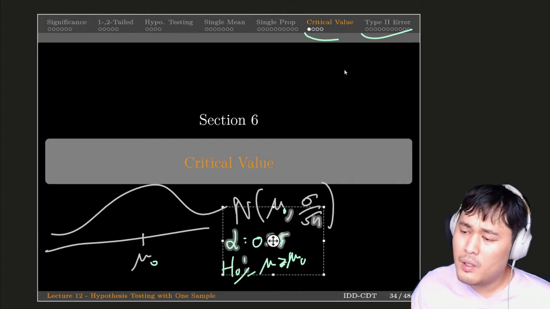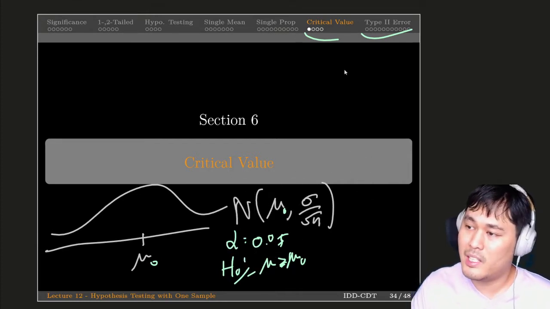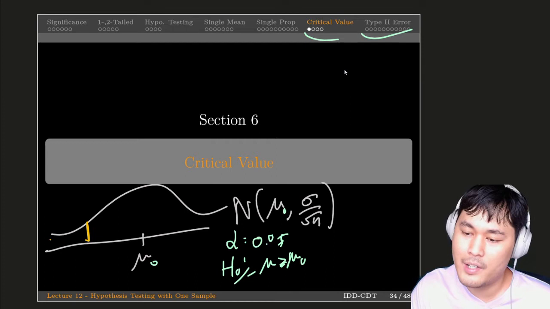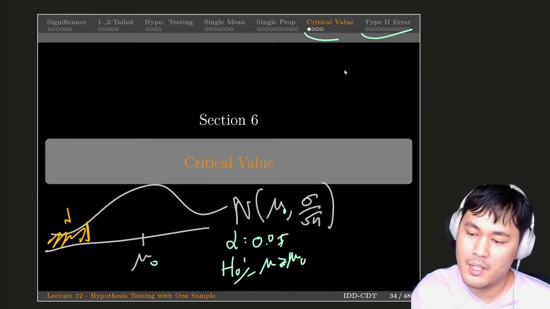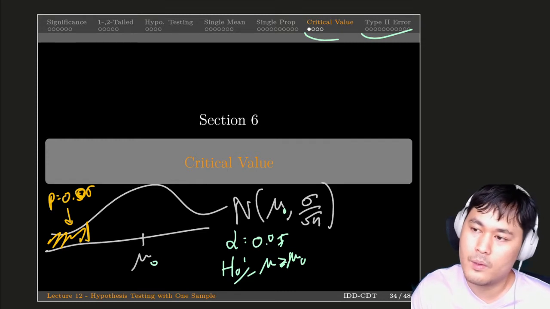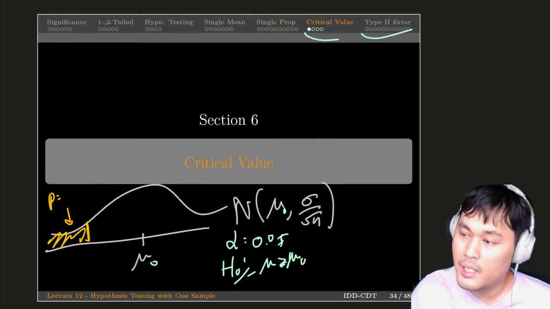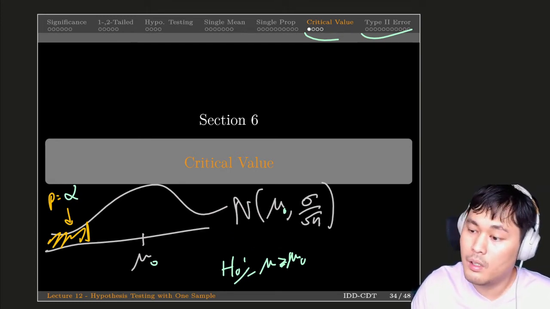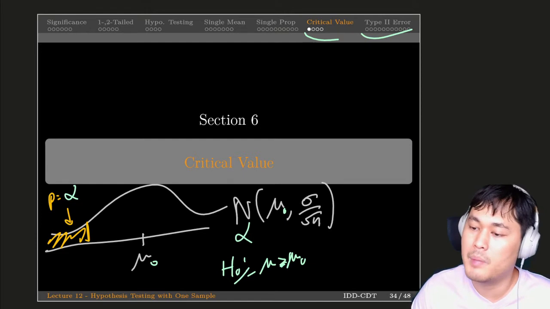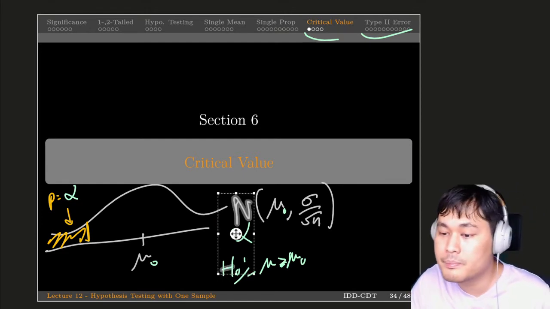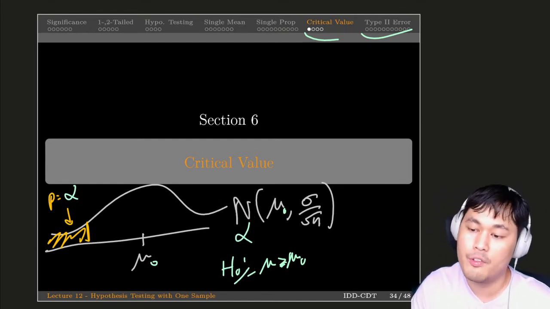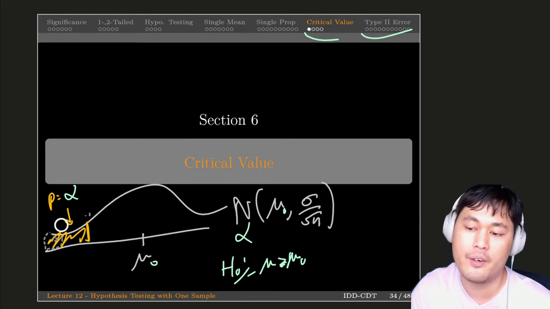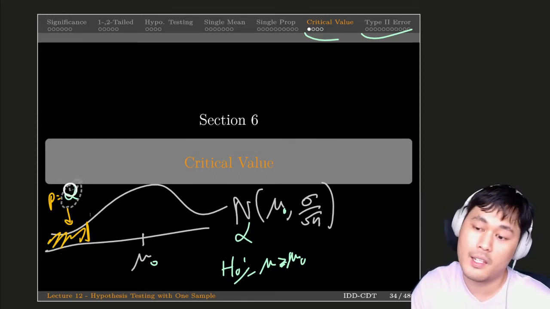So if we know all these numbers, doesn't it mean that we can find the value such that the area is 0.05? Oh, sorry, in this case, let's say the area is the confidence level. Given all this information, we don't have to know the sample mean. If we have the curve, we can find the point where the area on the left is exactly that.